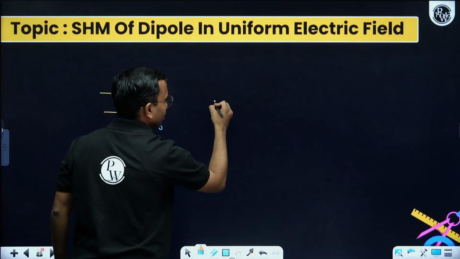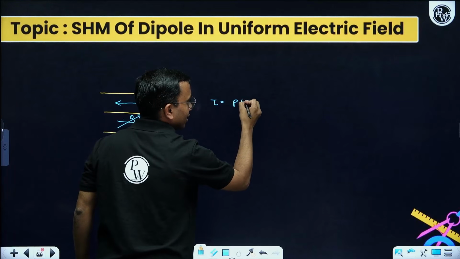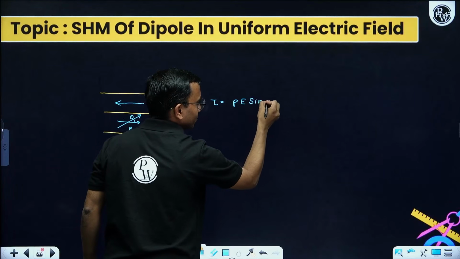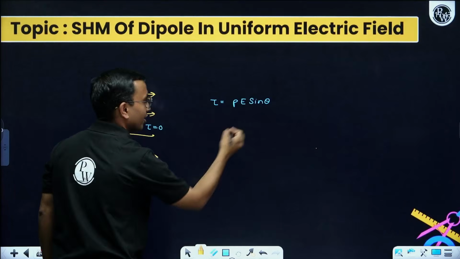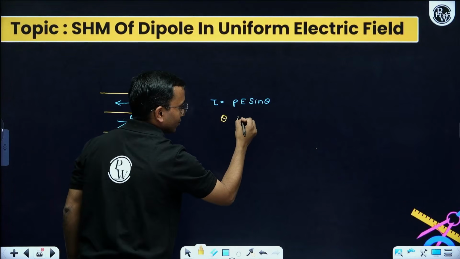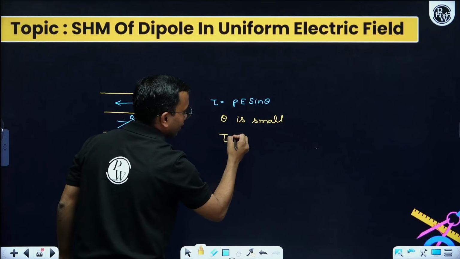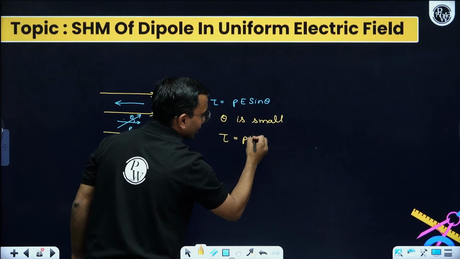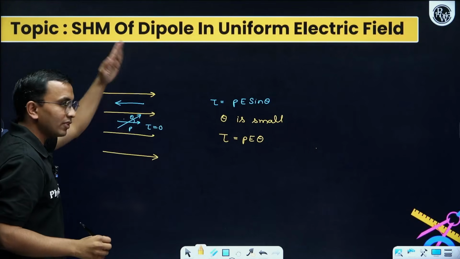What is torque? You will say, sir, torque formula is P cross E, that is PE sin theta, isn't it? Now if theta is very small, torque is PE into theta, and that is in the opposite sense of the rotation.